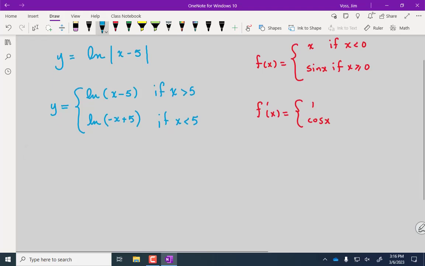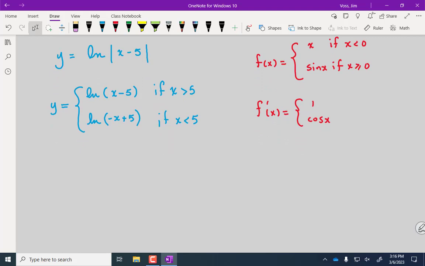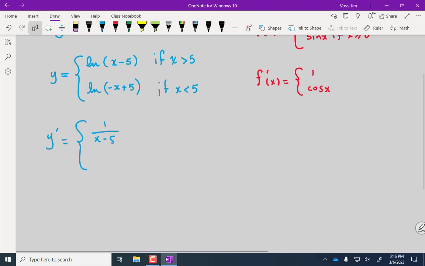So now let's go ahead and find derivatives of this piecewise defined function. So y prime, derivative of this is what? 1 over the inside. The derivative of the inside is just 1, so we don't have to deal with any chain rule business there. And then what about down here? 1 over the inside multiplied by -1, because that's the derivative of the inside.